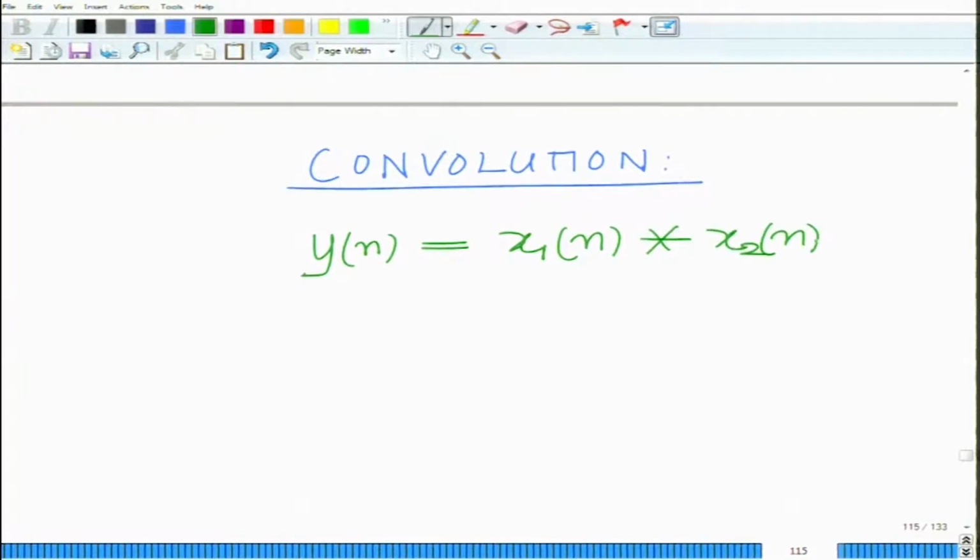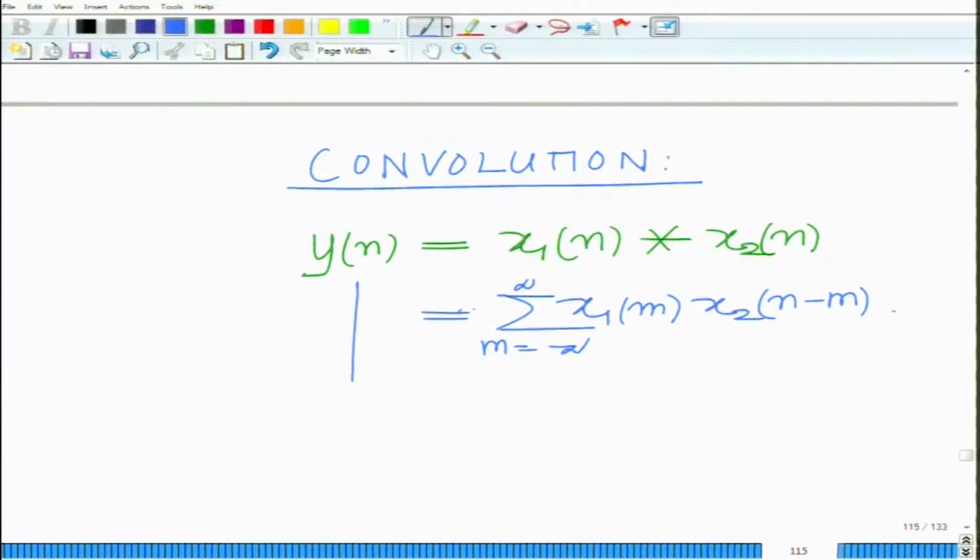So, y[n], which is the convolution of x1[n] with x2[n], is equal to the summation m equals minus infinity to infinity x1[m] x2[n minus m].